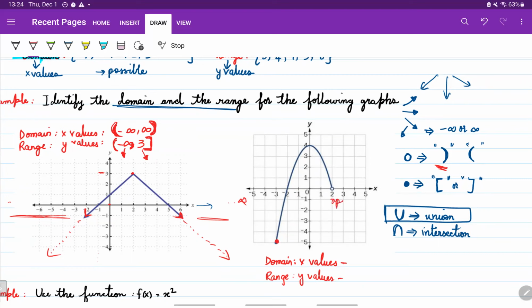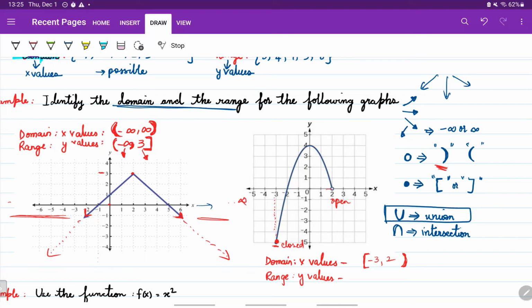These are not going to infinity because we do not have arrow marks here. Because the right side is an open circle, the right side will have a parenthesis, and the left side, since it's a closed circle, will have a square bracket. The x value corresponding to this closed circle is -3, and the x value corresponding to the open circle is 2. So that is our domain.